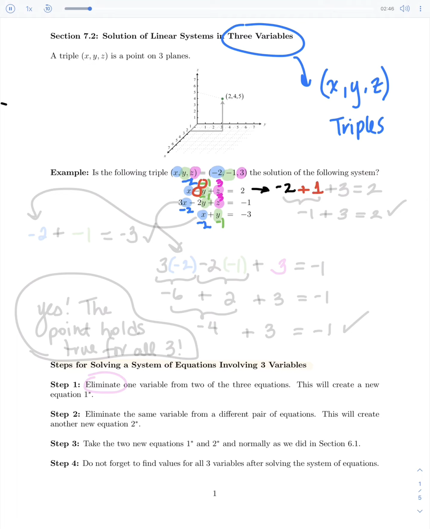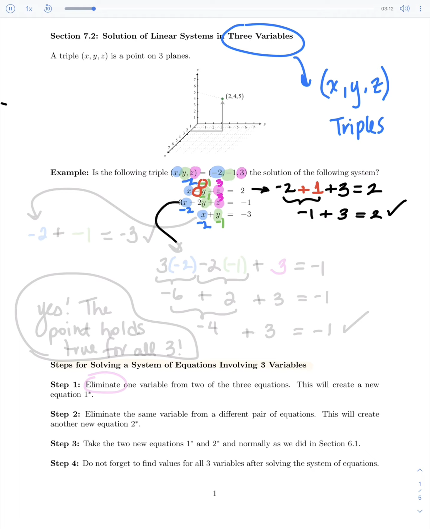And then we had a plus the z, which was 3. And that whole thing is supposed to equal 2. Well, let's double check. -2 plus 1 is -1, plus 3, is that equal to 2? Absolutely. So at least for the first equation, the point is a solution.